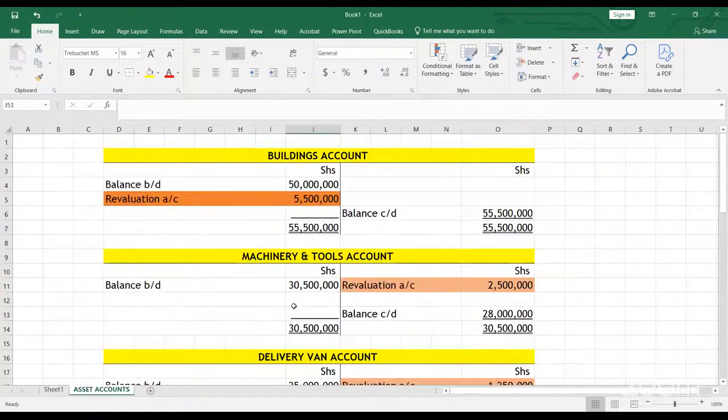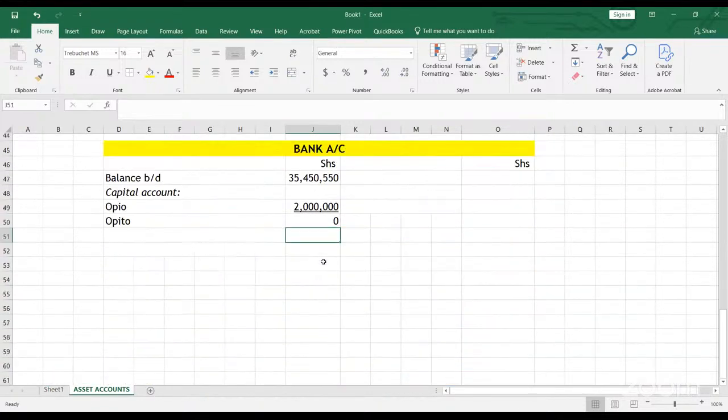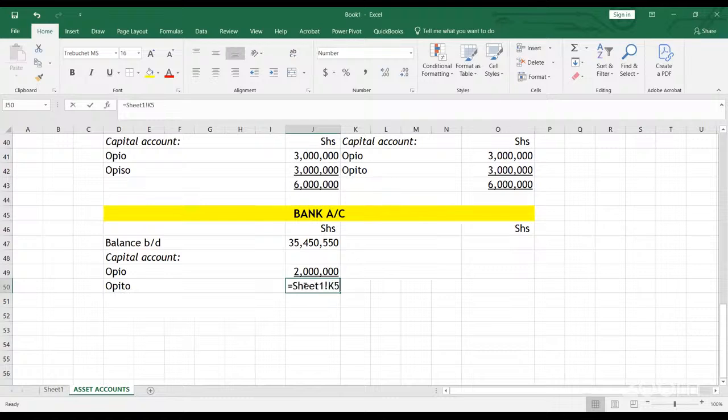So that's 30 M, we have it, paid in by Opito as a capital contribution.